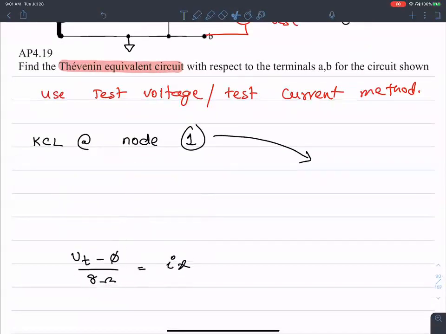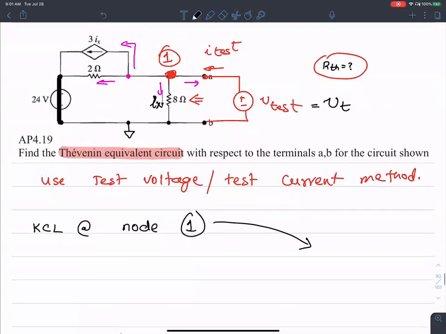So this is one equation, let me call this equation number 1. When I write KCL at node 1, there are 1, 2, 3, 4 branch currents. Let me add them up. The current going in the west branch, the 2 ohm resistance, is V1, or V test, minus 0 over 2 ohms. That's the current going left.